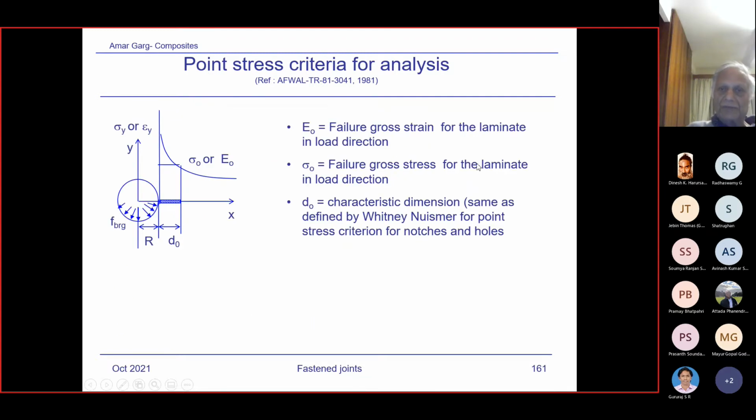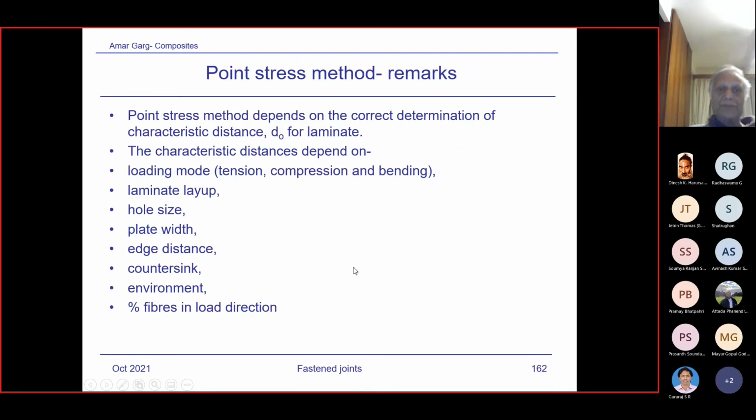Okay, epsilon naught is the failure gross strain for the laminate load direction, and D naught is a characteristic dimension. Okay, now point stress method remarks. The point stress method depends on correct determination of the characteristic dimension D naught for the laminate.